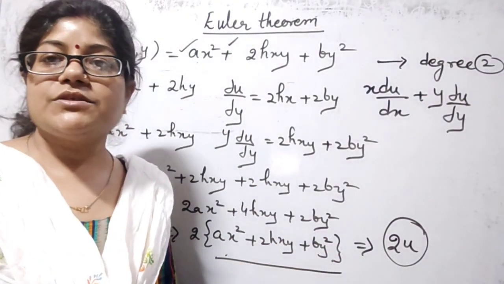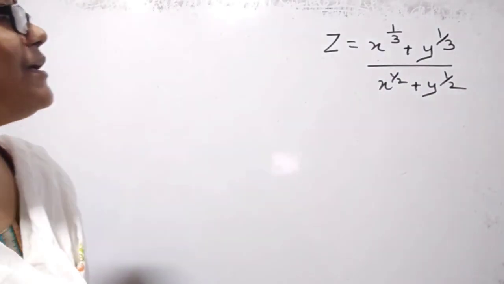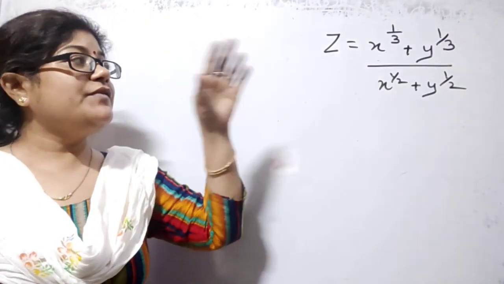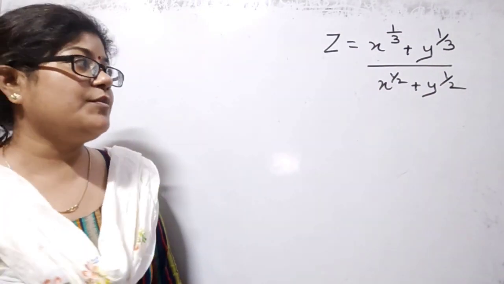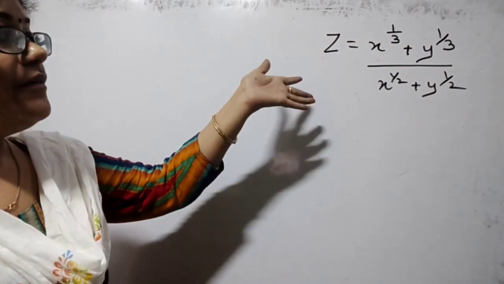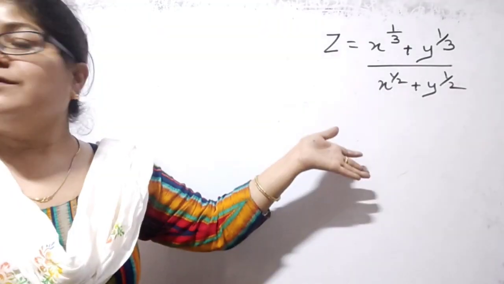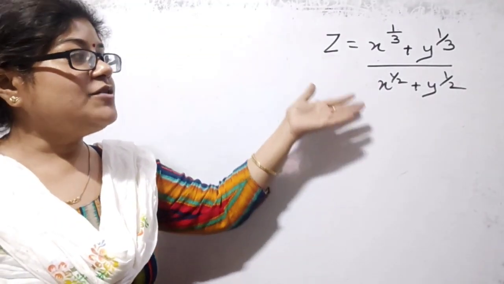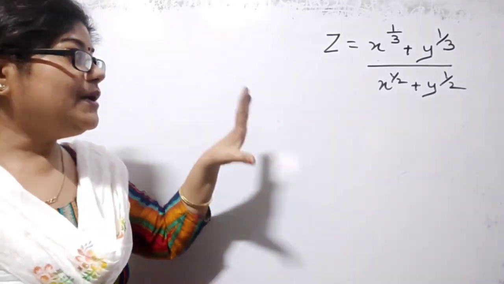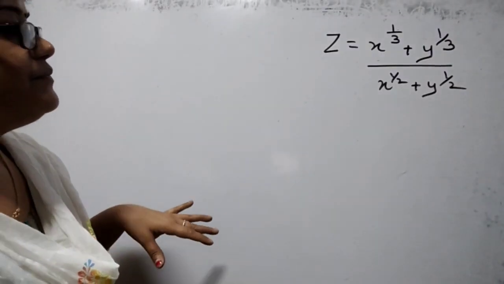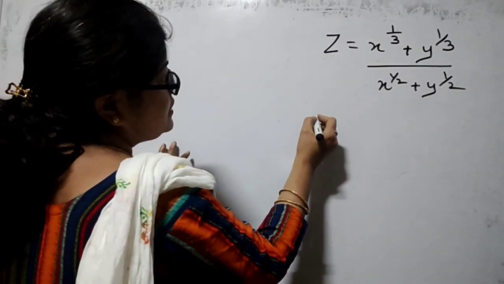I am shifting to the next question. Similarly, if this type of question is given and we have to verify Euler's theorem, the first method is to find dz over dx and dz over dy. The second method is that we do it in this way.